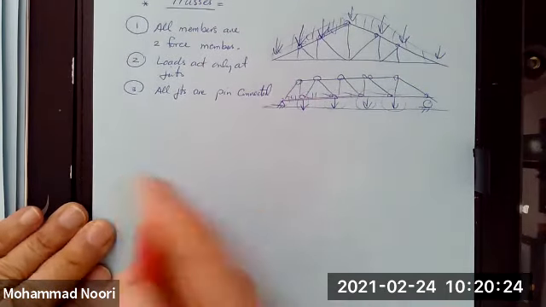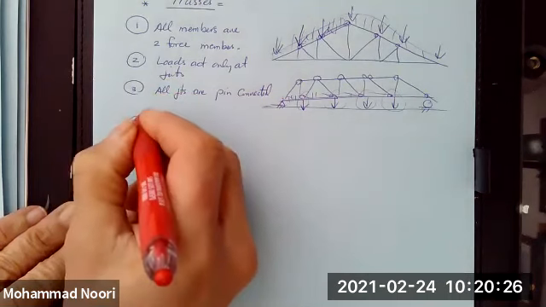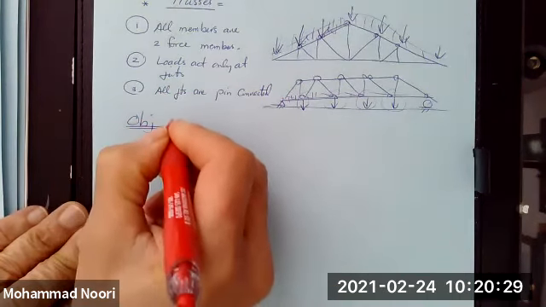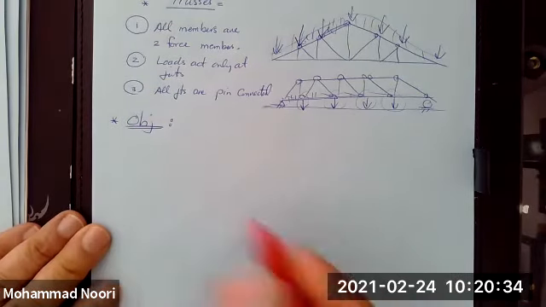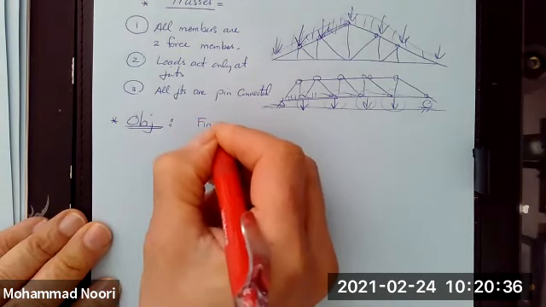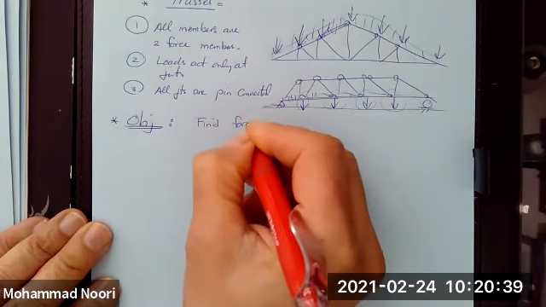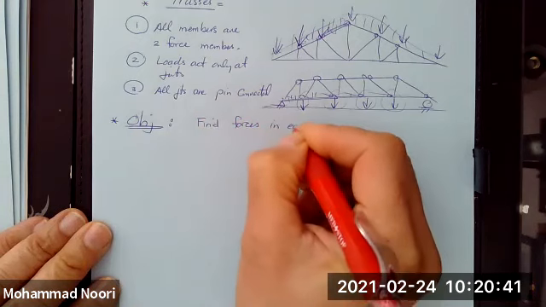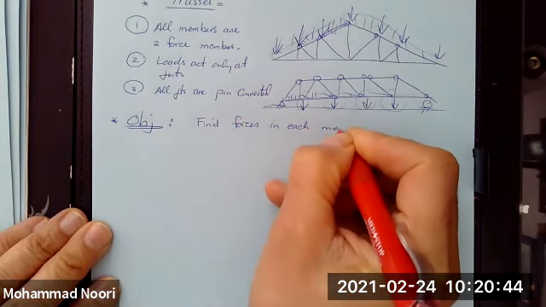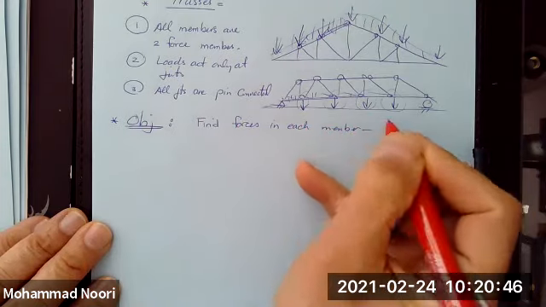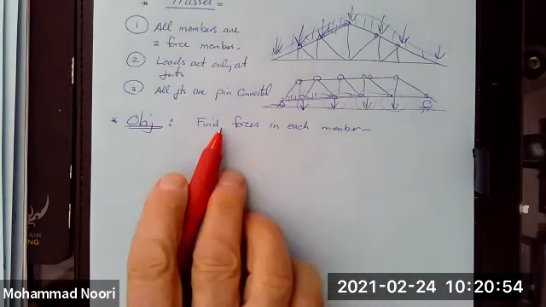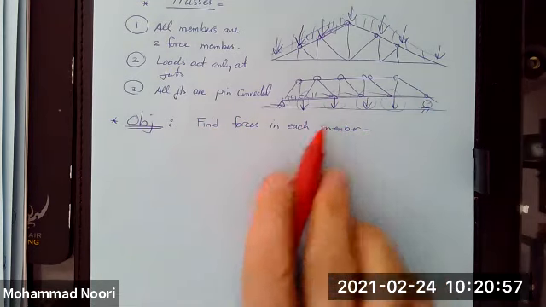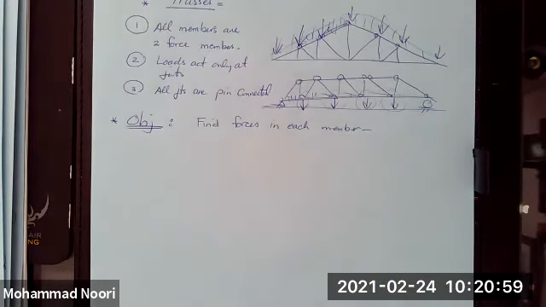So what is the objective of studying these structures? Similar to frames, the key objective is to find forces in each member. You remember, in a frame, we wanted to find all forces acting at the joints where the members were connected. Same thing here. But the forces in the truss, these are two-force members, only act at the joints.